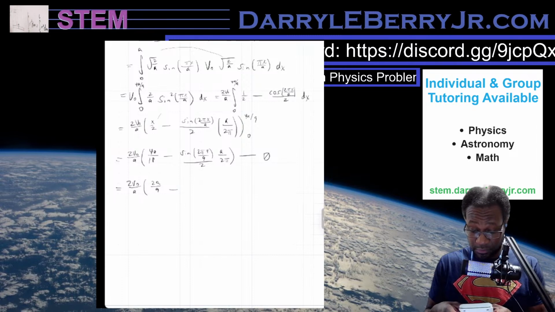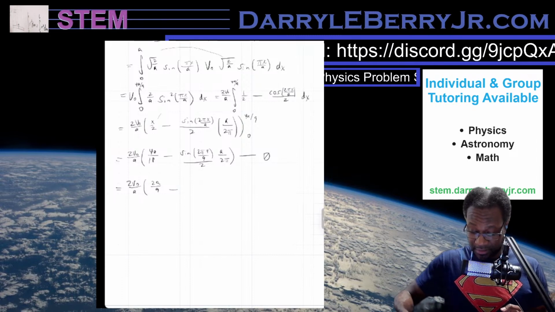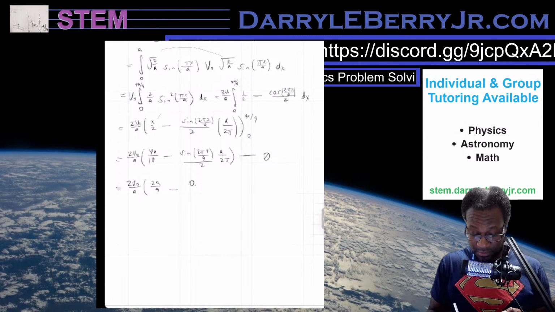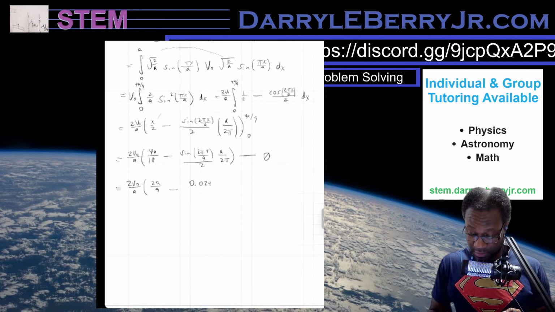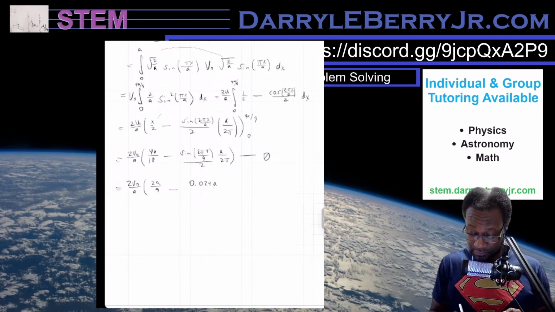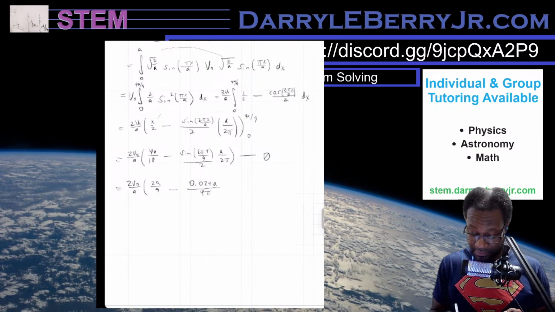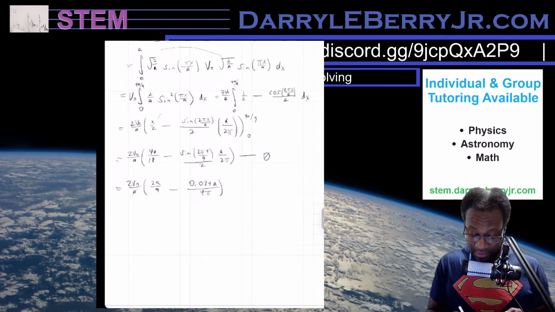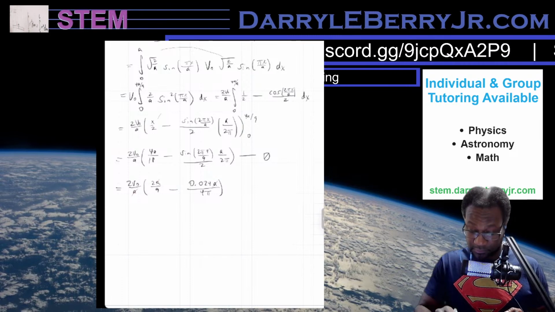Divide that by 2. So we have 0.024 a over 4 pi. So we can see that the a's will all cancel.